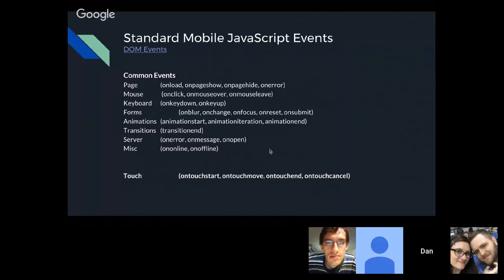Is on-touch cancel triggered by the touch ending too, or is it just triggered if it cancels it in ways that wouldn't trigger on-touch end? So on-touch end is basically a successful touch end, which means you touched in the area of an object and you released while you're still in it. So say, for example, you tapped on a button, right?